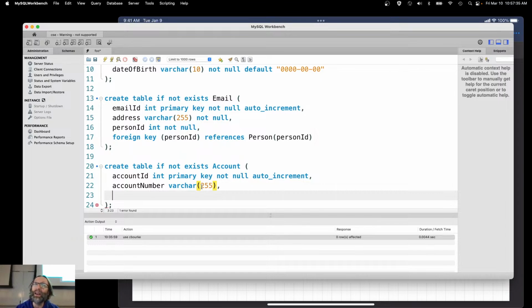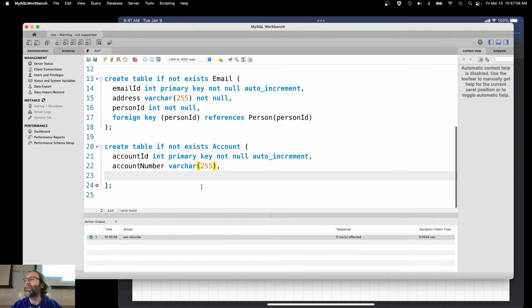Give me an example of an account number, or give me all of your data so I can look through it and see that, well, some of them are 10 and some of them are 15, but the maximum seems to be about 25. So we'll go ahead and go with that. Trust but verify. Trust the business side that they know what they're talking about, but then go back and verify that they do.